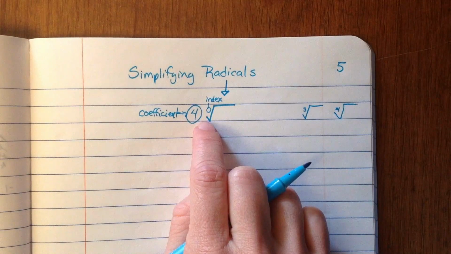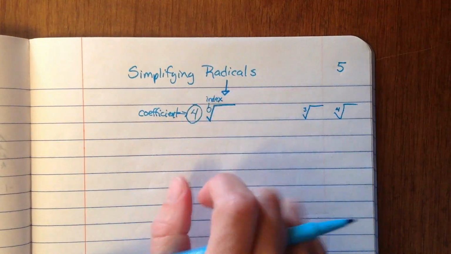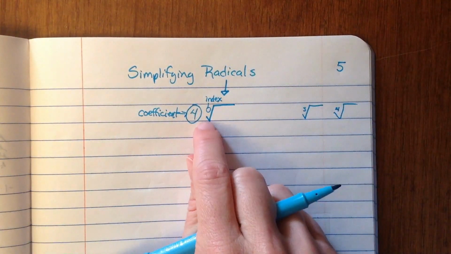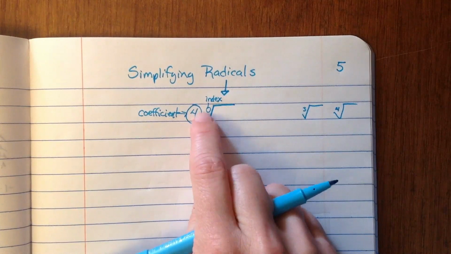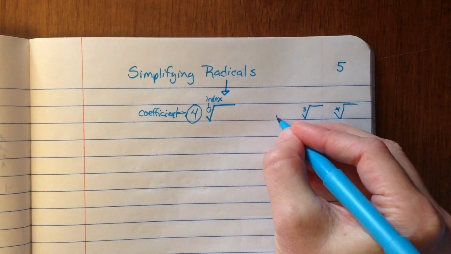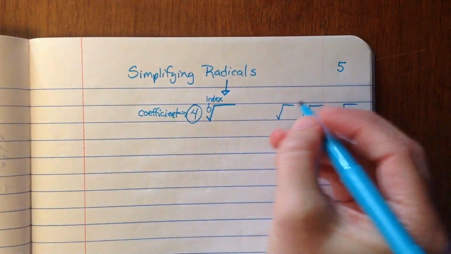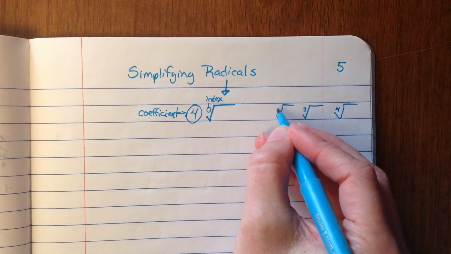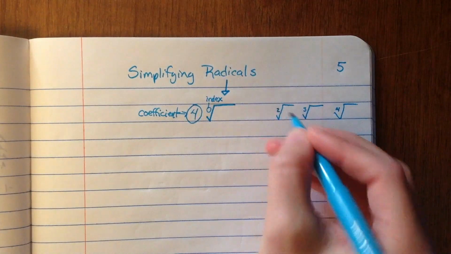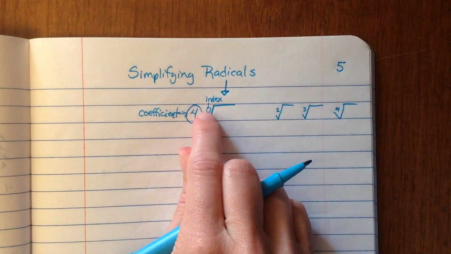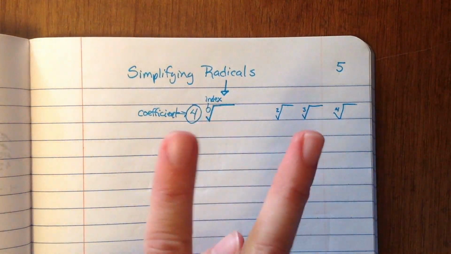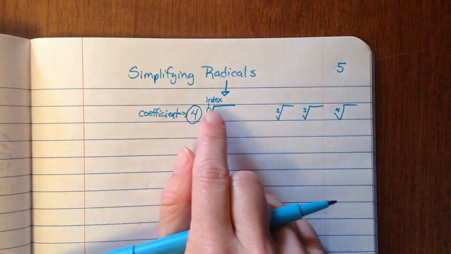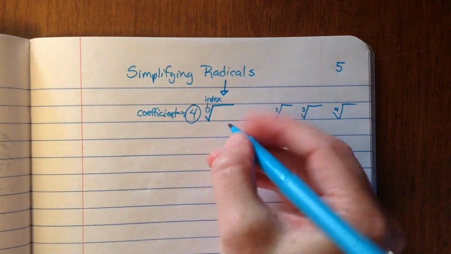Now, most of the time, when we're dealing with square roots, think about squaring means an exponent of 2. When we're dealing with just a plain old radical symbol, we're dealing with a 2 in there. Because square roots happen so often, we don't usually see that. But in that empty space, what we would call the index of a square root, there's actually an invisible 2 there. And again, we'll talk about that more in a minute.